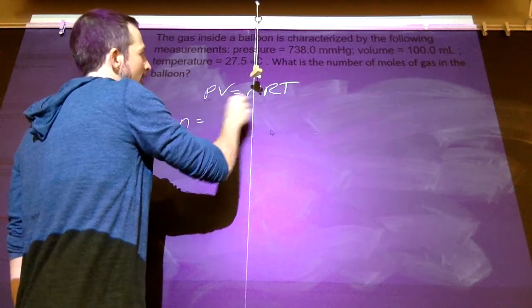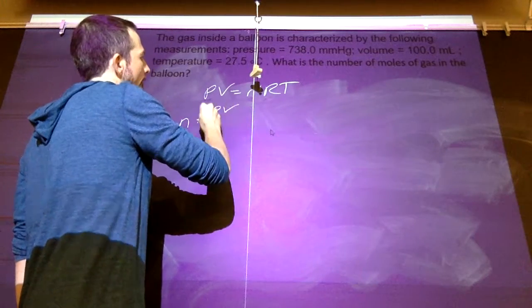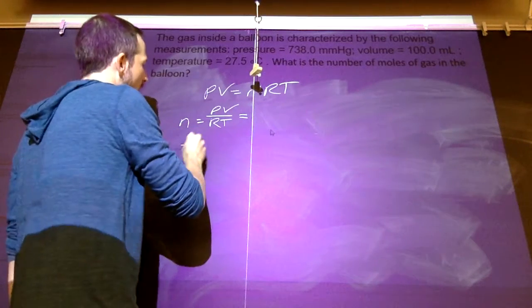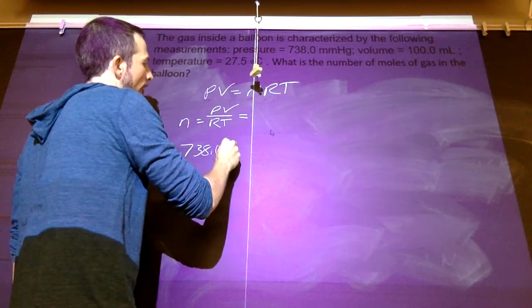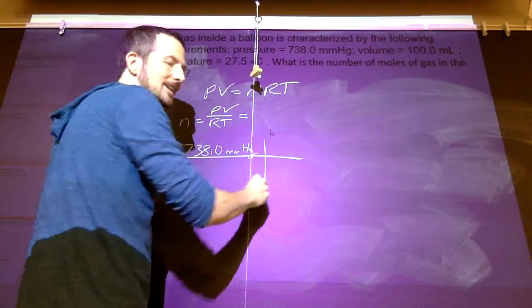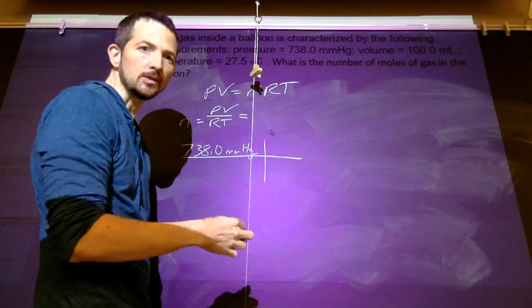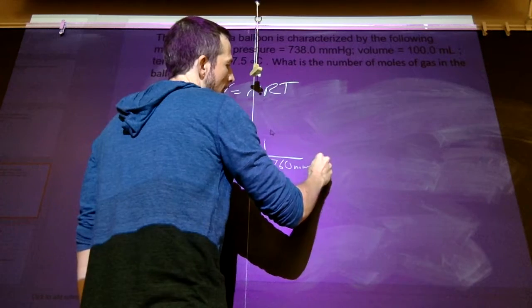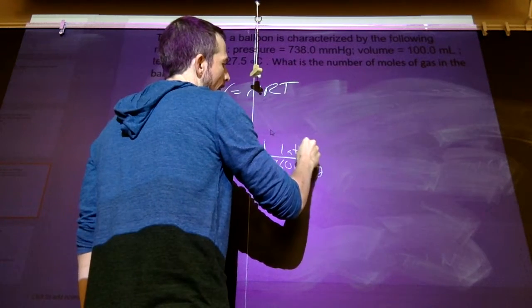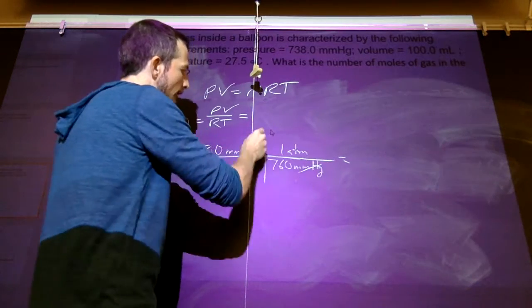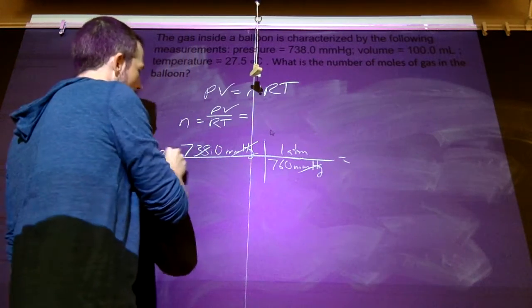So I need to divide both sides by RT. Pressure, I'm given in millimeters of mercury. Remember, my gas constant that I remember is in atmospheres, so I need to convert this to atmospheres. In 1 atmosphere, there's 760 millimeters of mercury, so that'll cancel out.